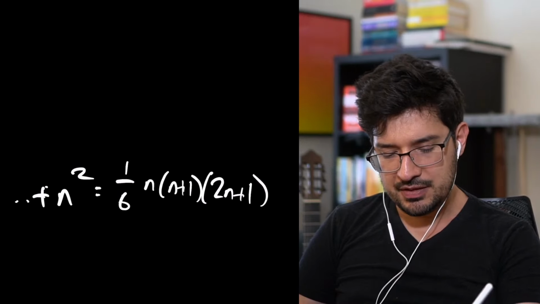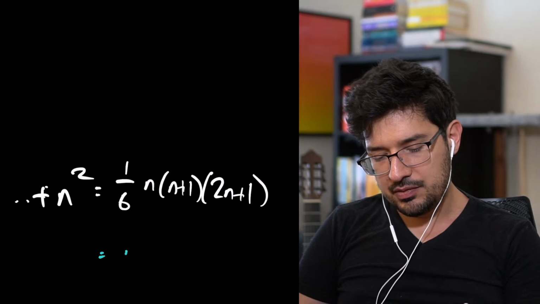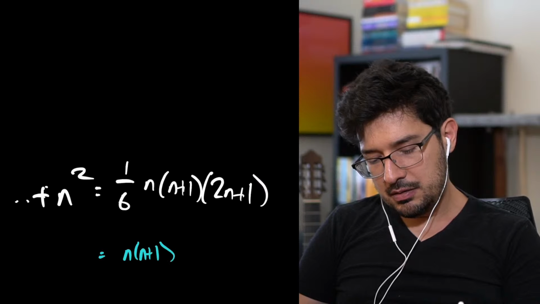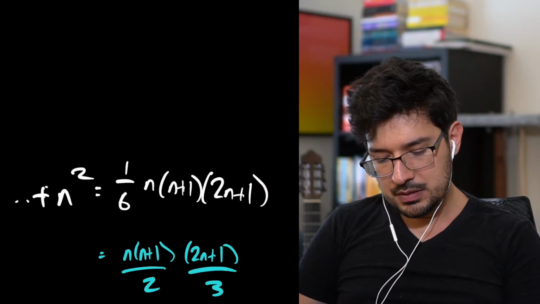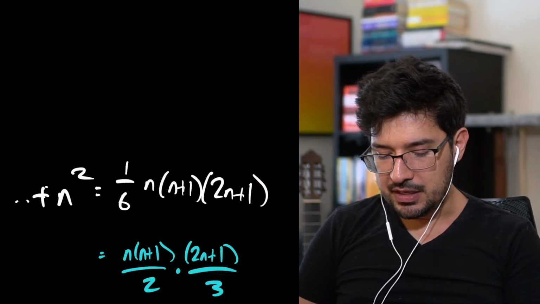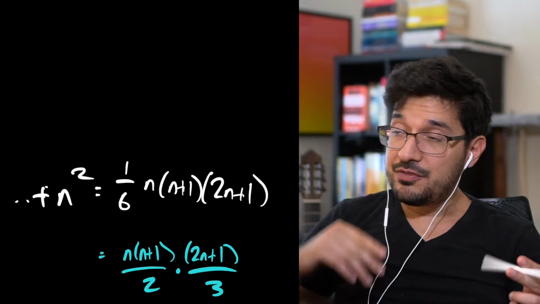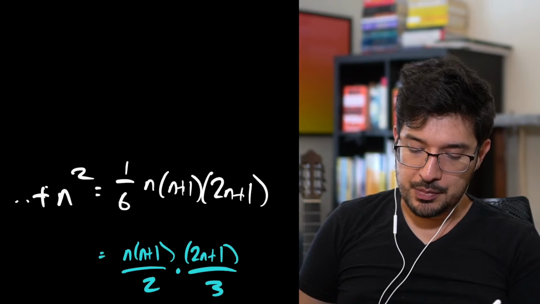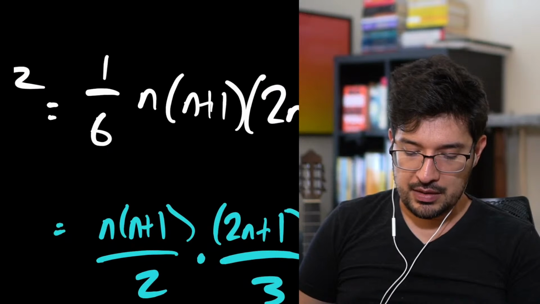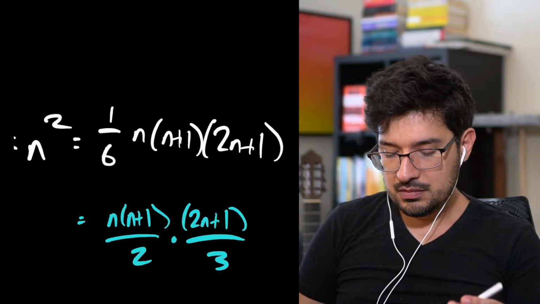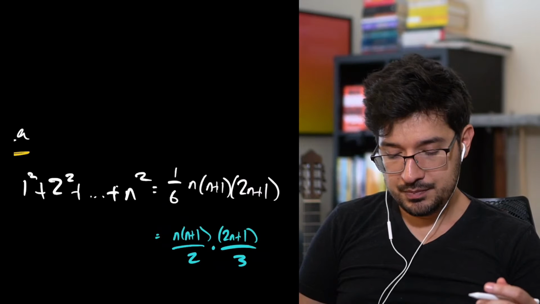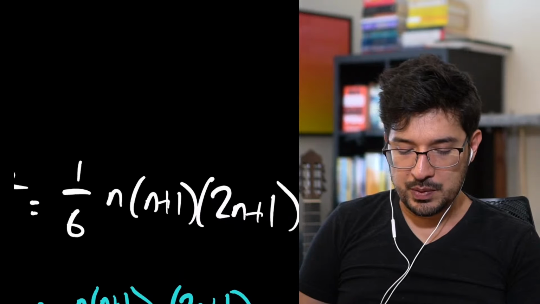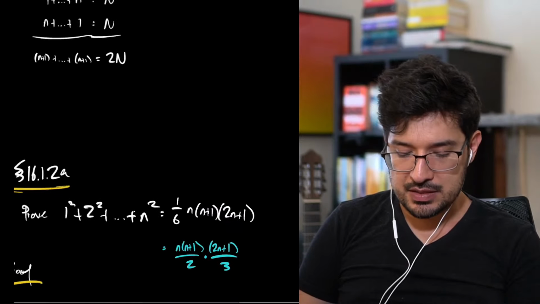I like to think of this one, honestly, as this, which is equivalent. I'm just factoring out that triangle number as a term, and then an odd number divided by 3. But in any case, we want to show that it is this.